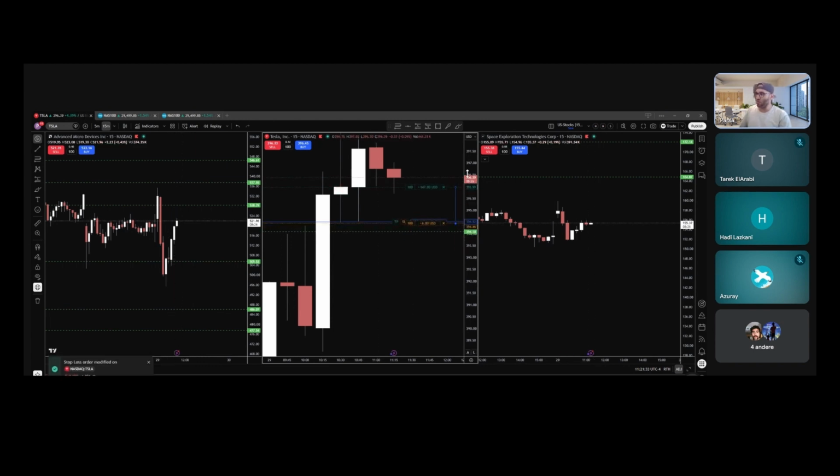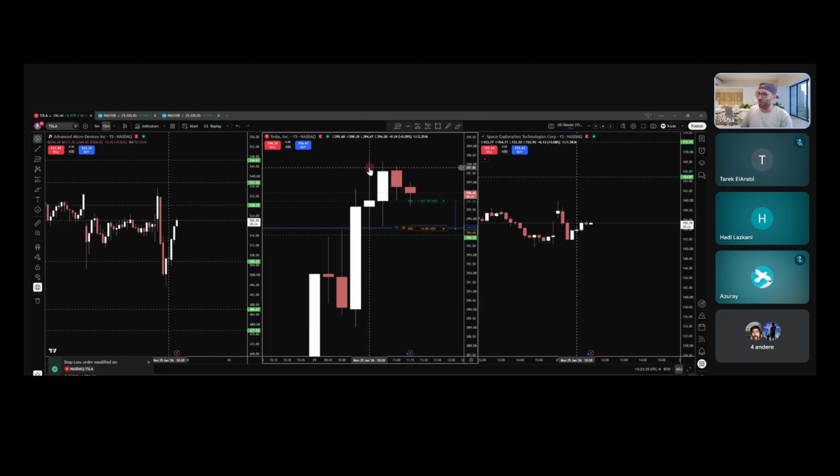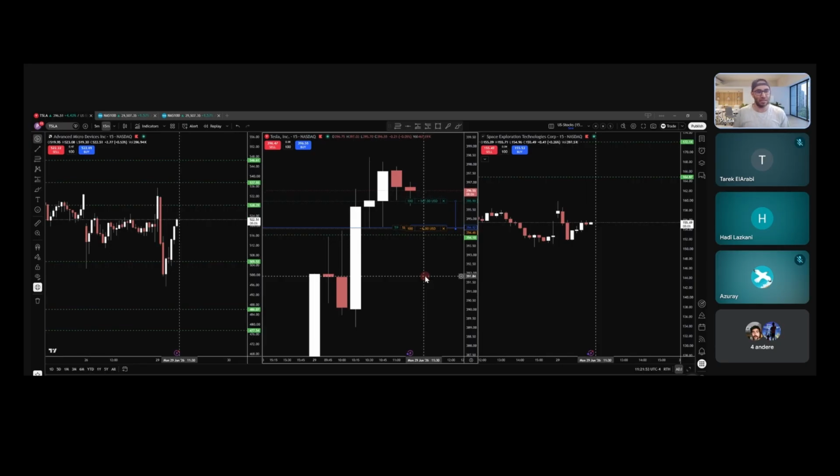Or if that one would have closed here nearby the wick, like the one here that closes nearby, I would have definitely brought it to a small loss here. And again, I encourage you to bring it to a small loss. The difference is this: if it will hit you for the small loss, it would also have hit you at break even. Let's say you're buying one Nasdaq 100 here.